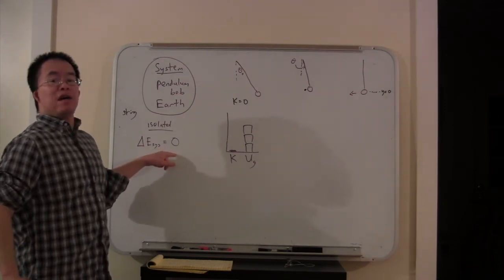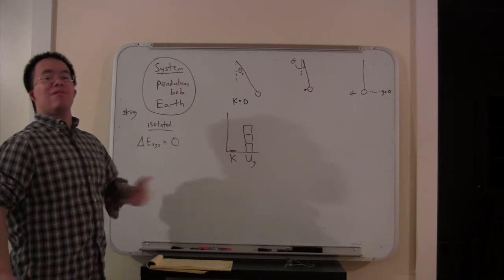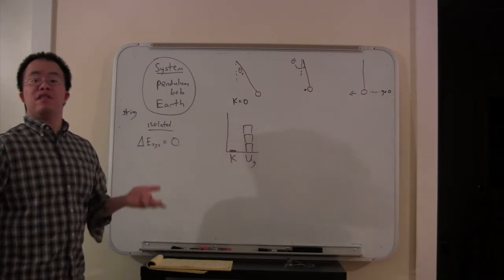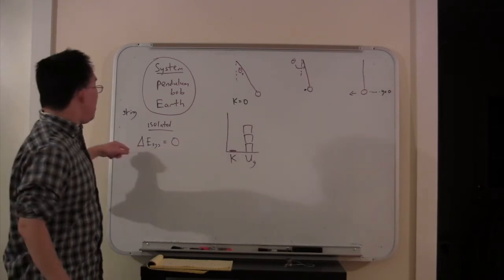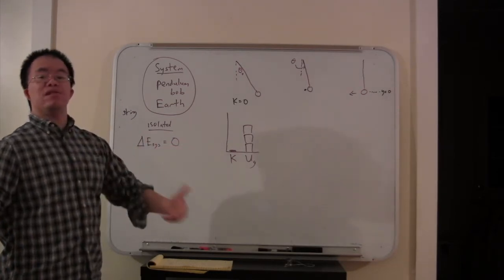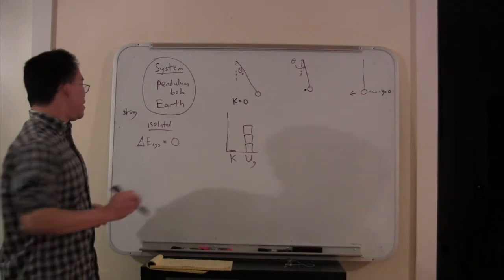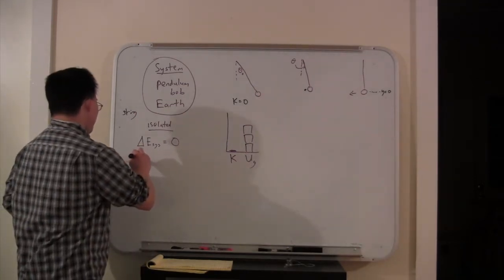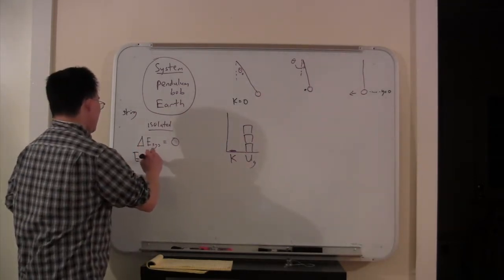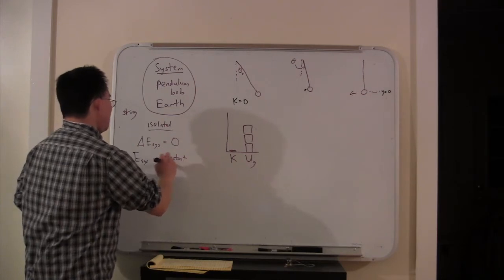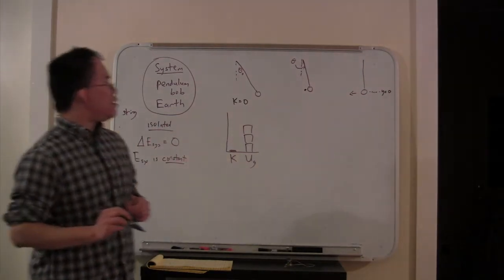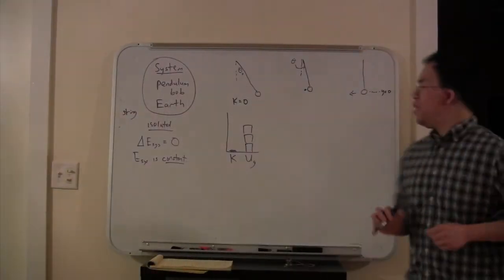Because the right-hand side is where work or any other transfers of energy would appear if we had them. But we have none. So delta E of the system is always 0. In other words, E sys is constant. And we can see that in our bar graphs.